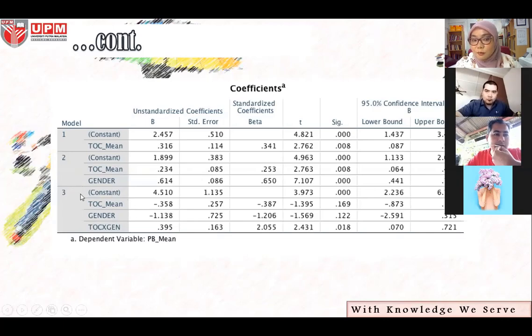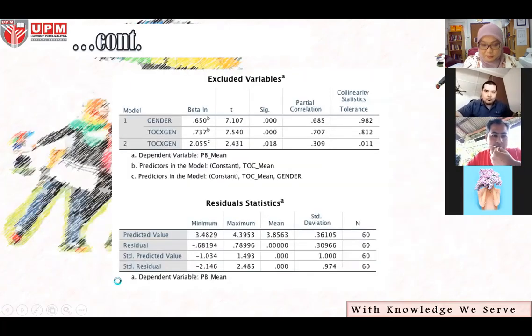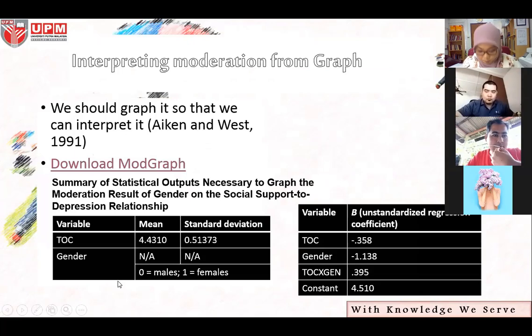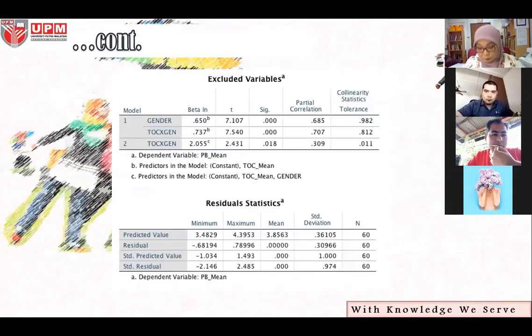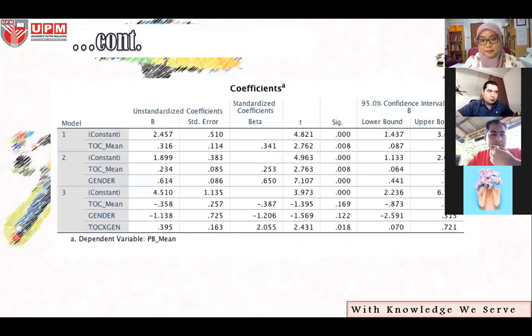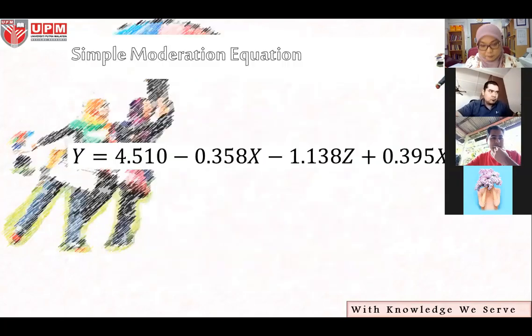The last one is the complete model with the interaction. So we have to take the complete one. Referring to the third model, when we want to insert into this graph, we refer to the third model. So for the equation, we take it from the third model. Understood. Okay.